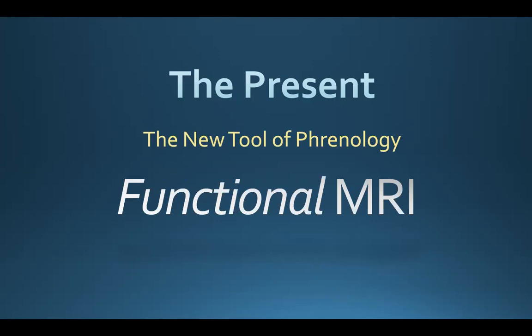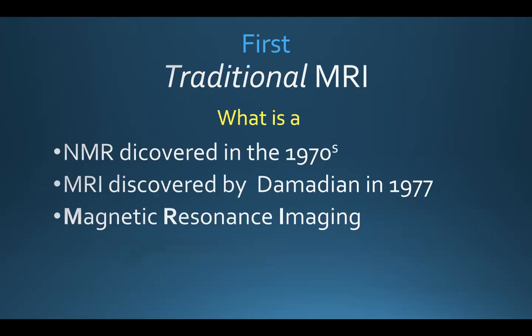We have a new technique, new technology, called functional MRI. Pay attention that the word functional is in italics, to get you to pay attention to the word functional. It's different from just saying MRI. Because first, let's talk about the so-called traditional MRI.